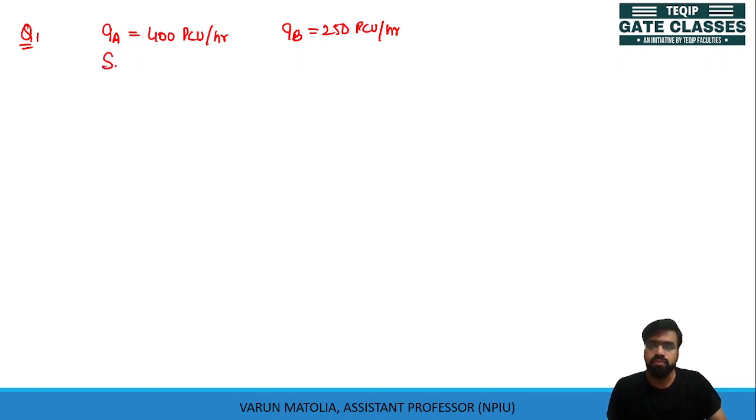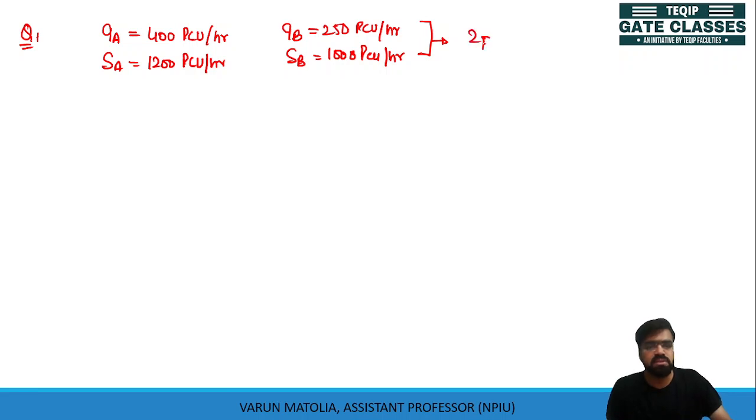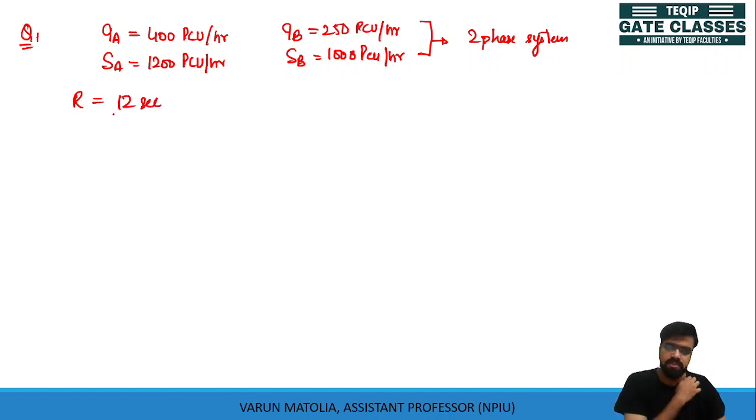The saturated flow from section A is 1200 PCU per hour, and the saturated flow from section B is 1000 PCU per hour. This is a two-phase system. The all red time is given as 12 seconds for each cycle.